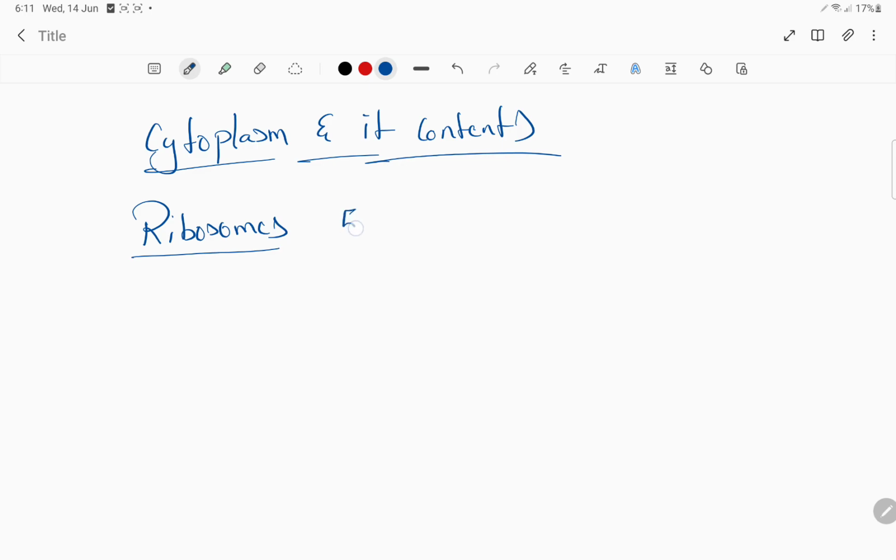They are 50S and 30S making 70S ribosomes. They form polyribosomes, or we otherwise call them polysomes, with numerous ribosomes attached to the mRNA.